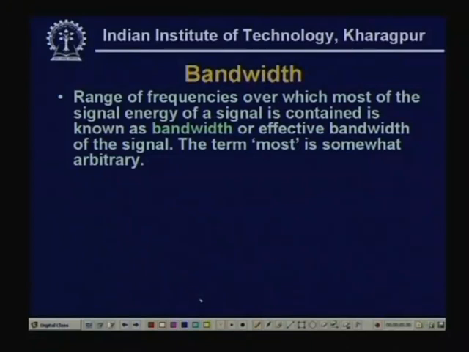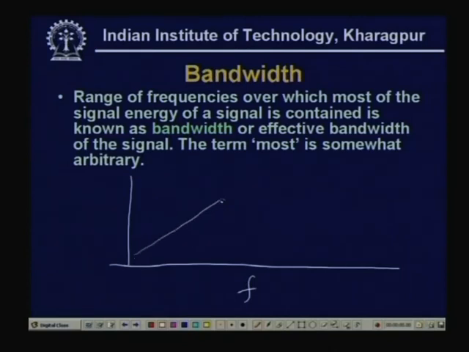So, here is the information about bandwidth. For example, you are interested in representing the bandwidth. Suppose this is the frequency domain representation of a signal, and this side is essentially signal strength or amplitude.